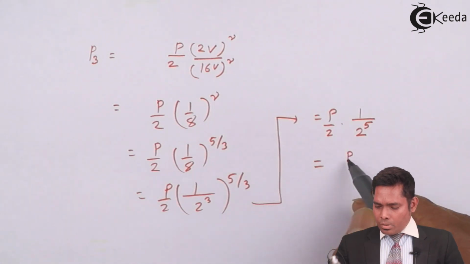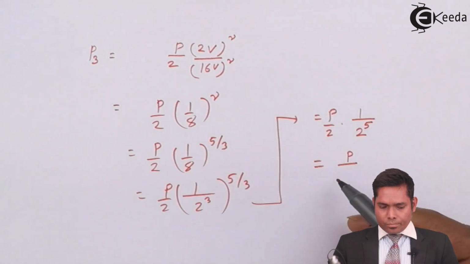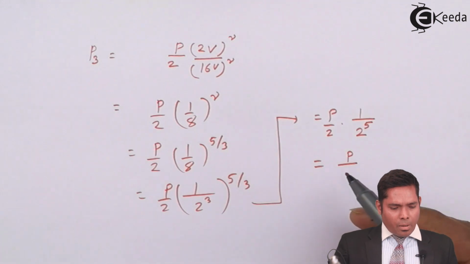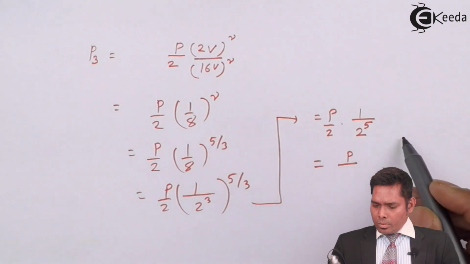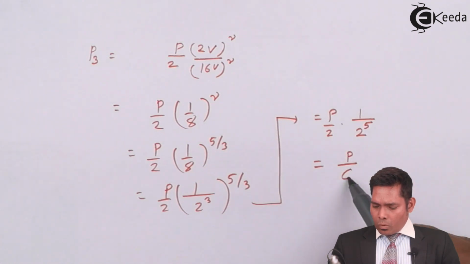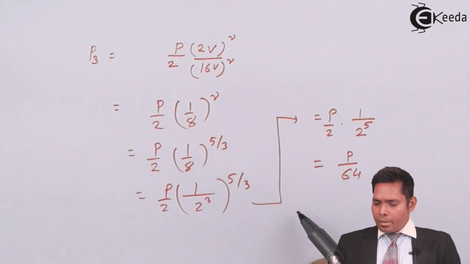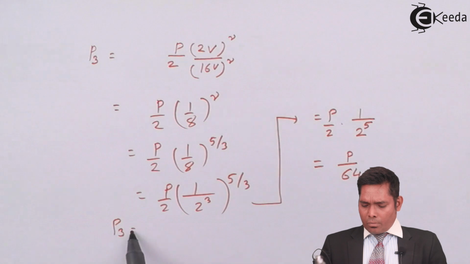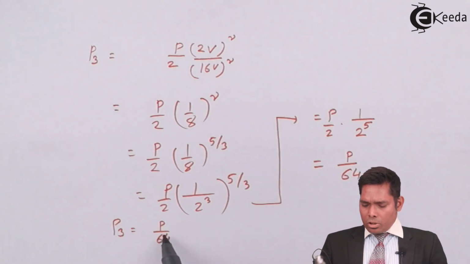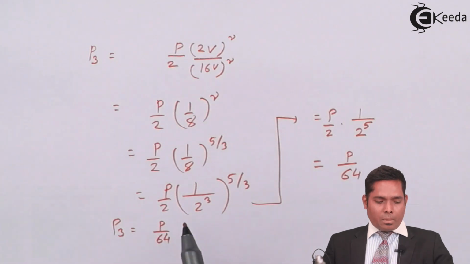So this is P divided by 2 to the power 5, that is 64. P divided by 64. So the final pressure P3 will be 1 by 64 times the initial pressure.